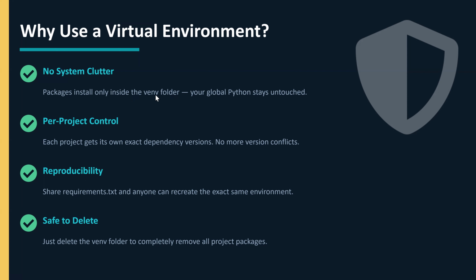Then you just load that readme.txt on GitHub, and that's it. You recreate it again and again from that. Your global Python stays untouched, so other users and global systems are not touched by the virtual environment.